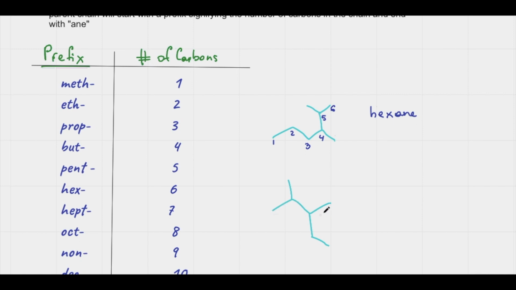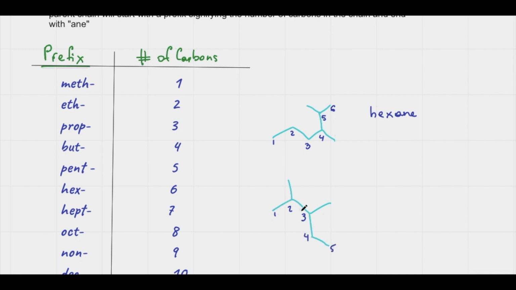What about here? Let's try to number in all the different ways. We could go horizontally, 1, 2, 3, 4. What else could we do? We could go 1, 2, 3, 4, 5. That's longer. So my longest chain will be here. Let's go ahead and number it. 1, 2, 3, 4, 5.